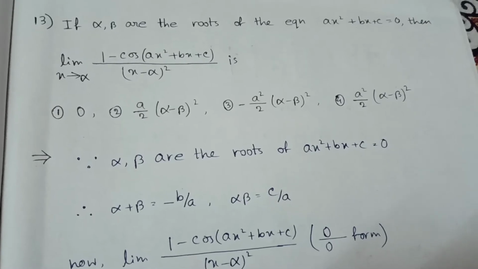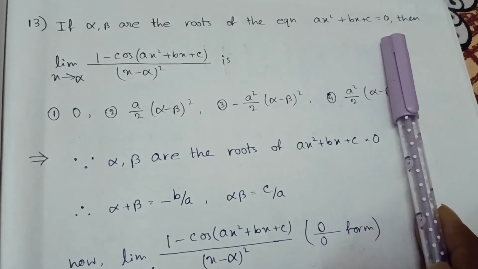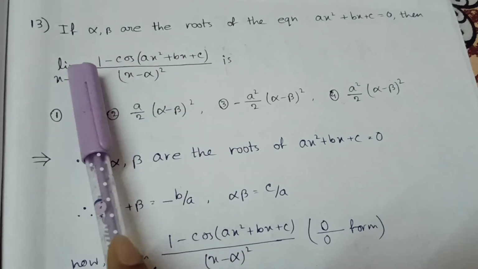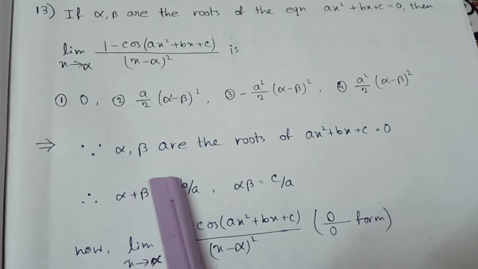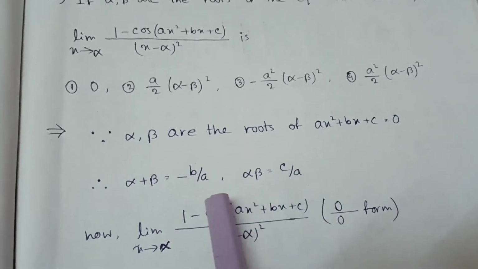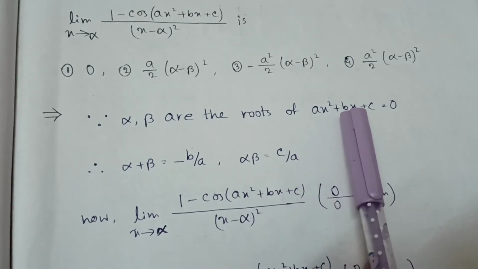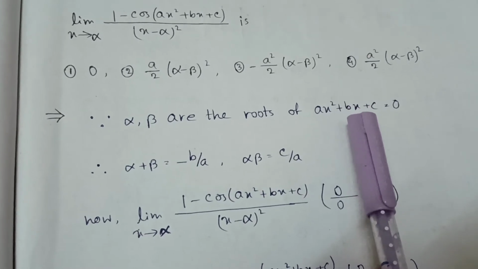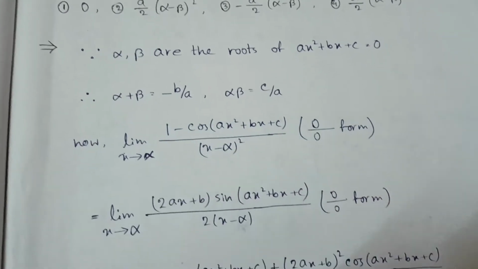The next question says alpha and beta are roots of the equation ax squared plus bx plus c. Then we have to find the value of this limit. Since alpha and beta are roots of this equation, alpha and beta satisfy these two equalities: alpha plus beta is minus b over a and alpha beta is equal to c over a.